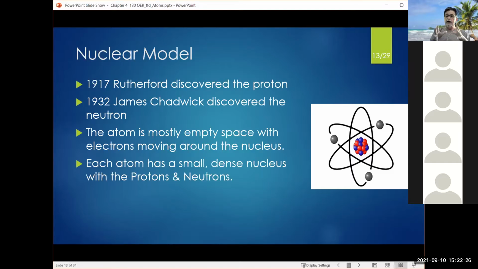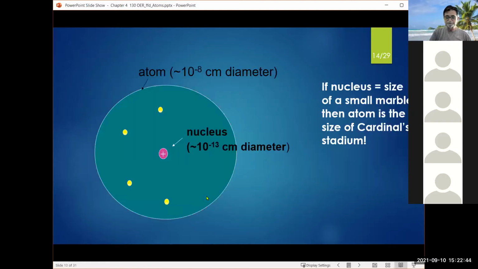In fact, if I were the hydrogen atom nucleus, and I scaled everything up to my size, and I represent the nucleus, my electron would probably be about 3/4 of a mile away from me. That's how far away. So there's a lot of empty space in between. A lot of energy is involved too in this interaction between the electron and the proton, hence the hydrogen bomb, atomic bombs.